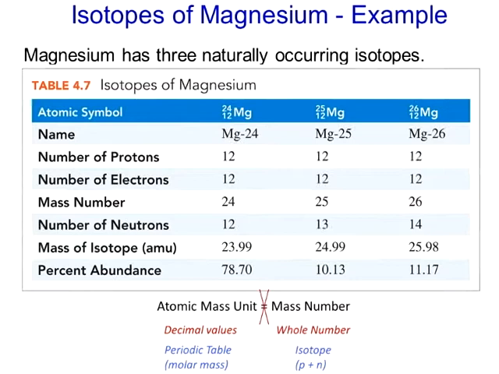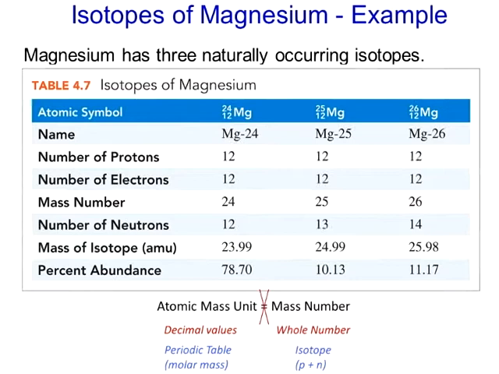Now, with neutral atoms, the protons equal electrons. But take care in not developing a habit of subtracting the number of electrons from the mass number to get neutrons. That is not the proper process, because the number of electrons, as you're going to find later in this same chapter, can change.